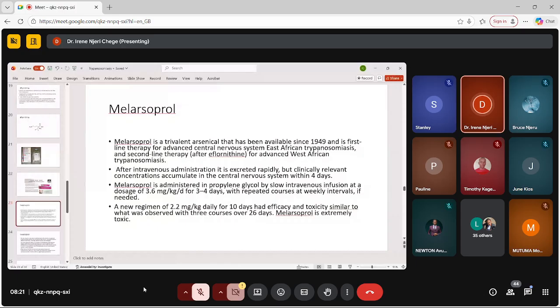I don't know if you are able to see my screen. There's a paper there. You can look at this one and send it. I'll email you, you can have a look.